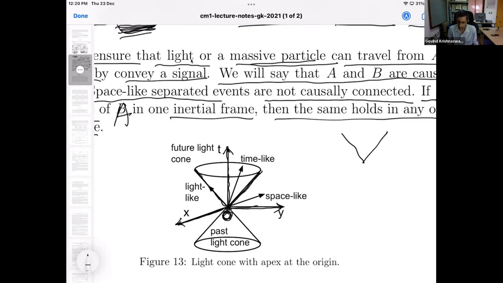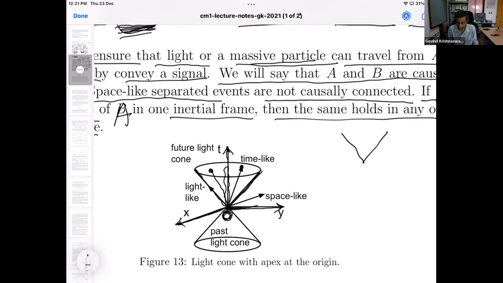And the time-like events are the ones that lie inside this cone. These are all time-like events because a particle would have to cover a shorter distance and it's allowed more time, so it can go slow and can still reach there. The time-like events are the ones inside the light cone.